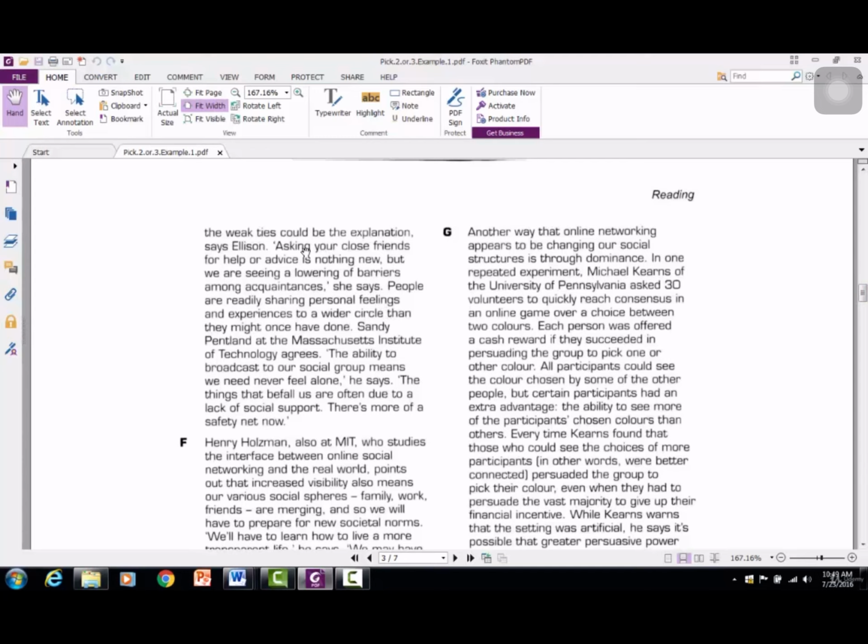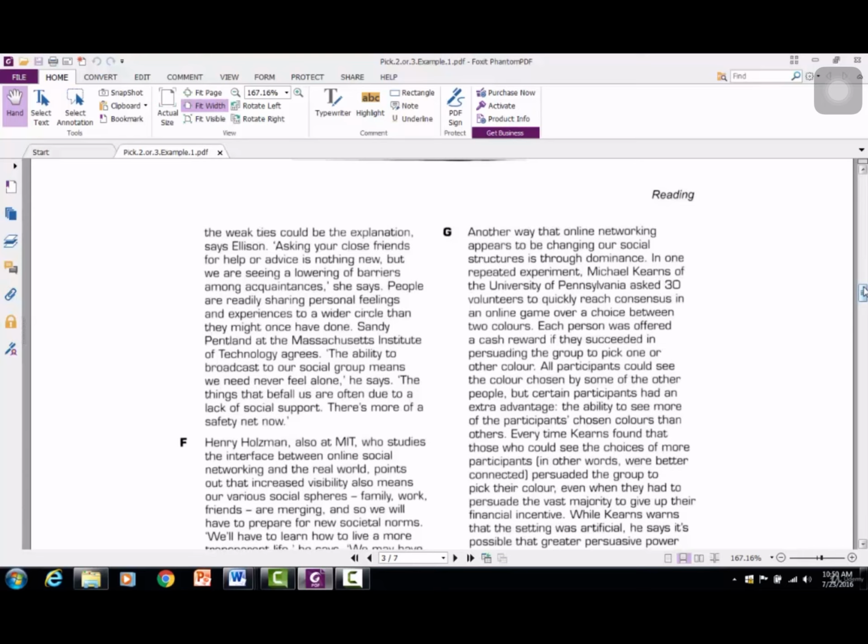It talks about asking your close friends for help or advice is nothing new, but we are seeing a lowering of barriers among acquaintances. People are sharing their personal feelings and experiences in a wider circle than they may have once done before. The ability to broadcast to our social group means we never feel alone.